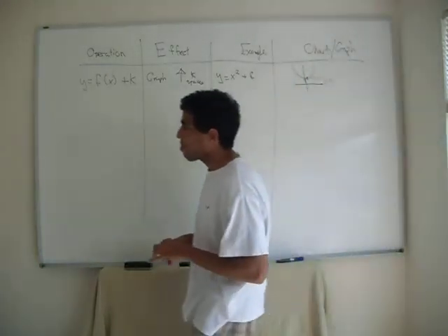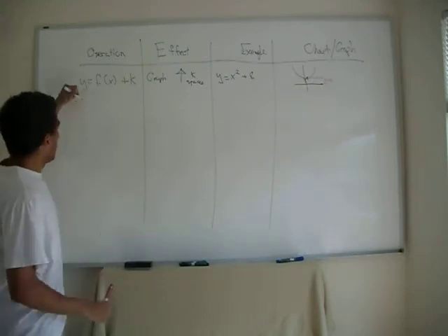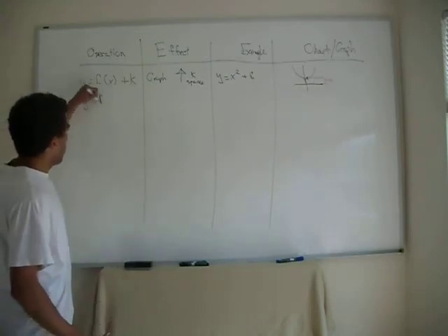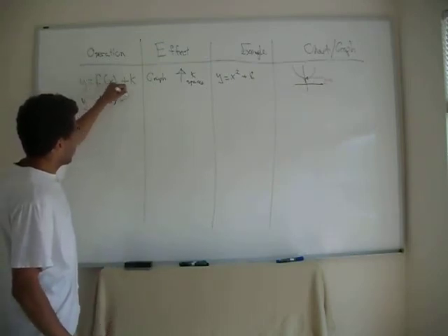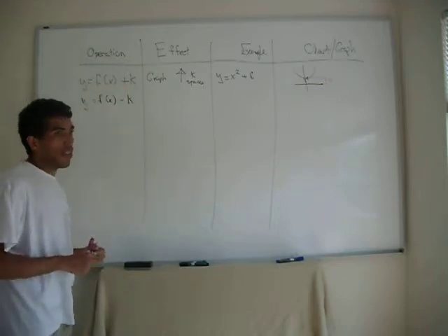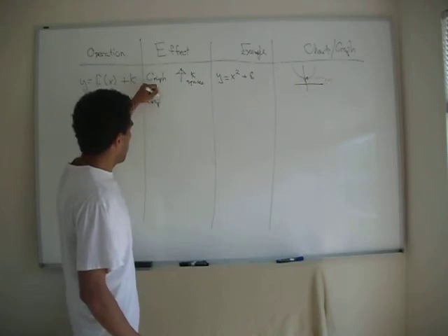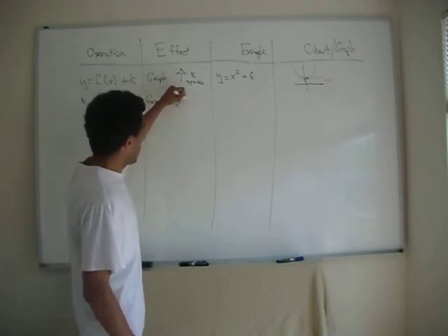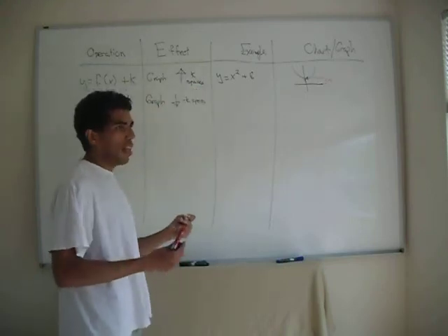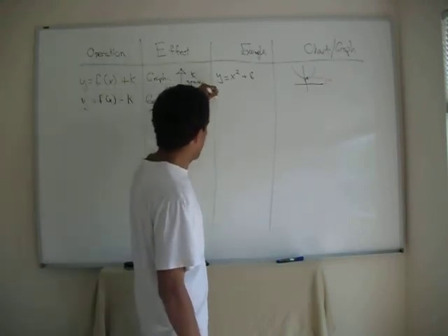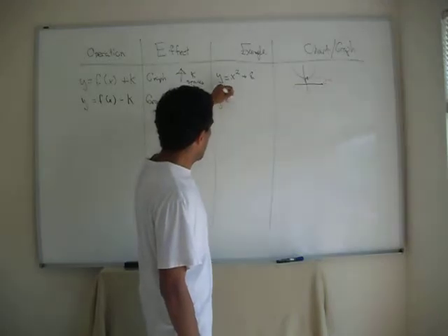Okay? What happens in the second operation, if we have a function and we subtract a constant? Well, the graph is going to move down, like we saw in a past video. The graph moves down k spaces, or minus k spaces. Alright? Example, y equals x squared minus 4.